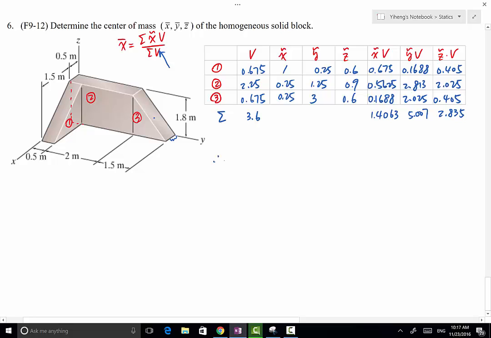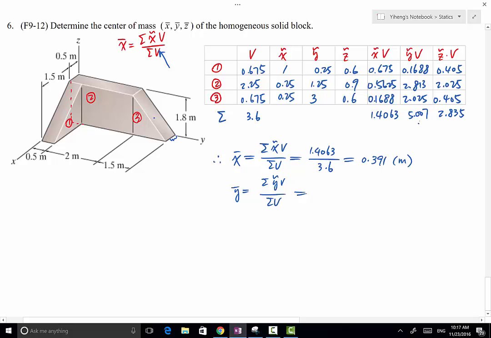Now we're ready to do the calculation. X bar equals summation x tilde v over total v, which is 1.4063 divided by 3.6, and that equals 0.391 meter. Y bar equals summation y tilde v over summation v, which is 5.007 over 3.6, and that is 1.391 meter.